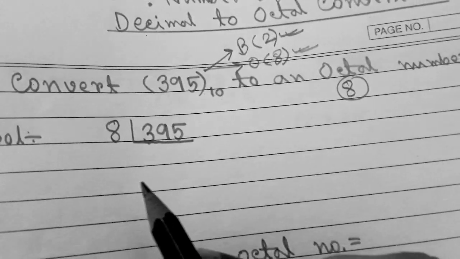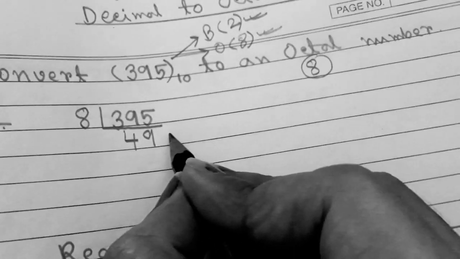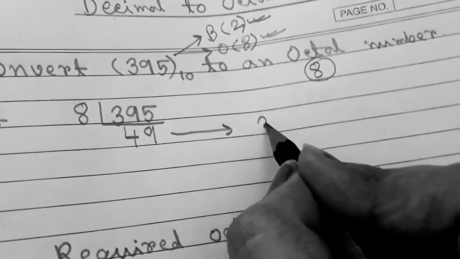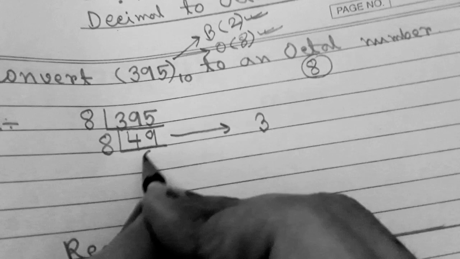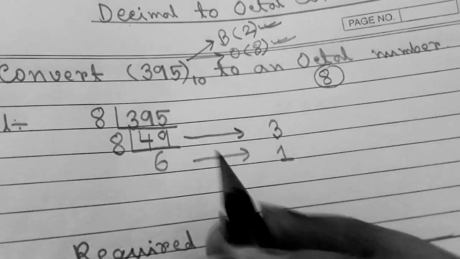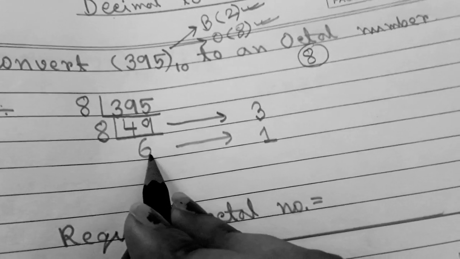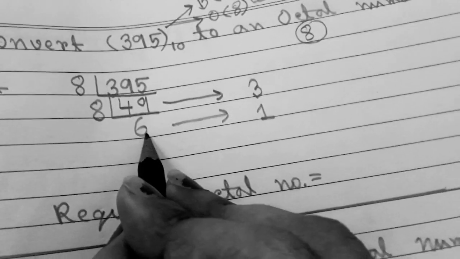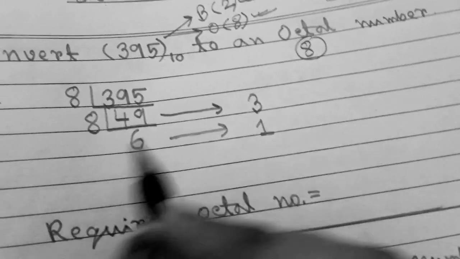So let's start dividing by 8. Keep the remainder aside. Again this process will continue, and when you get a result less than 8, then you stop here. In the case of binary, when you get less than 2, you stop there.